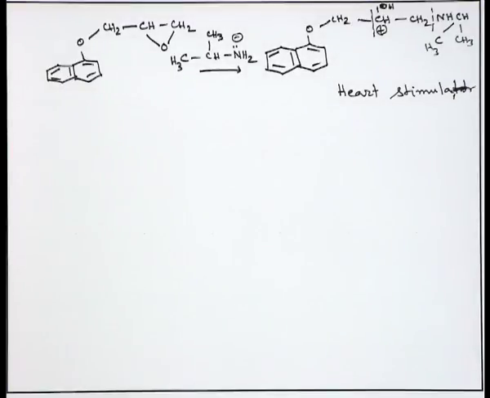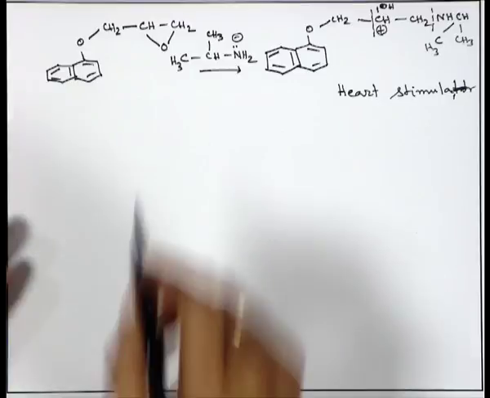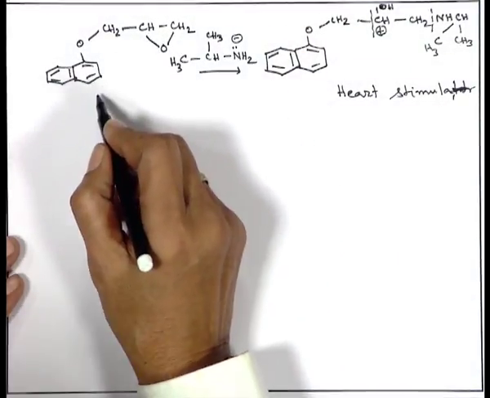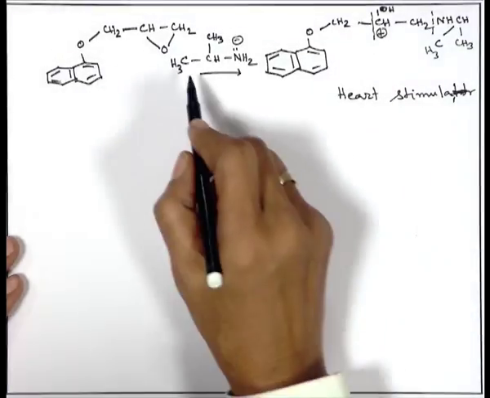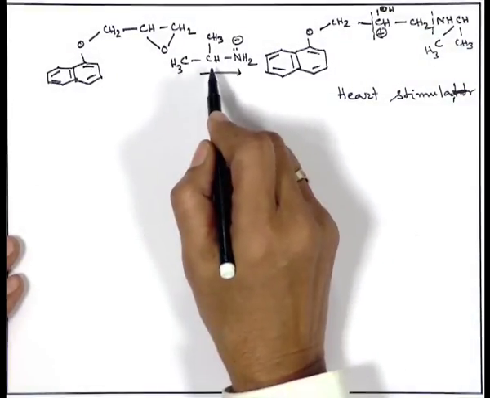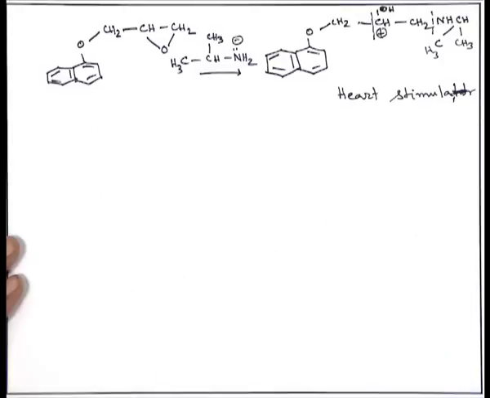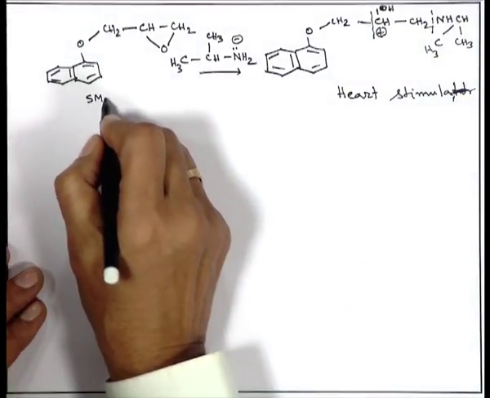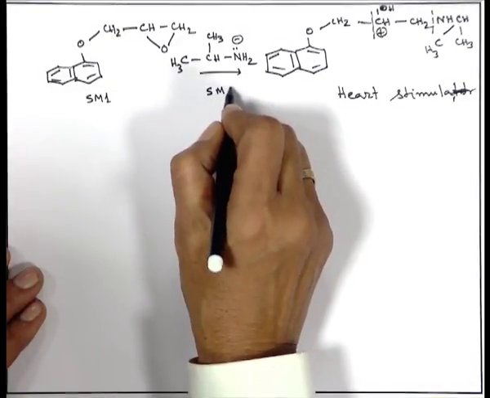If that is the synthon, what is the synthetic equivalent? What is the starting material? The answer is simple, epoxide is the starting material. This is a very stable compound, and the second component is CH3CH(CH3)NH2. So, this is starting material number 1, this is starting material number 2.